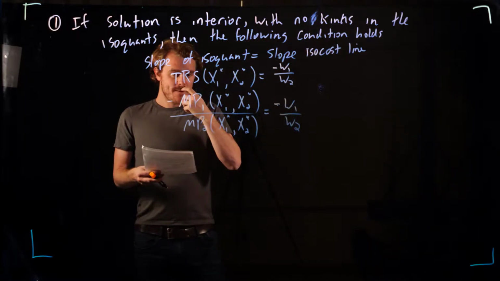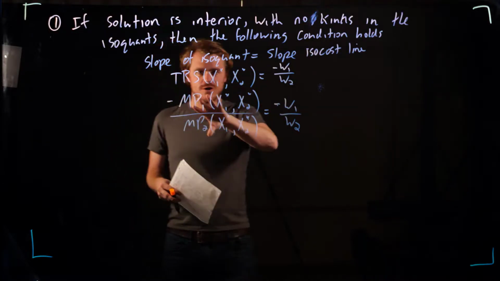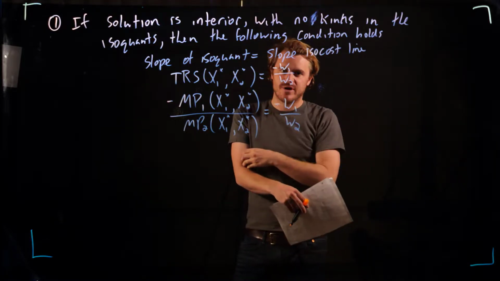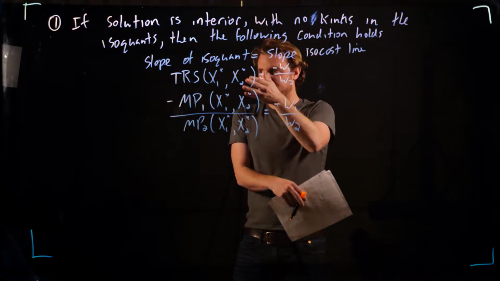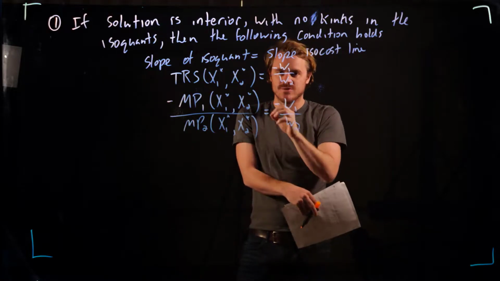Now, this looks very similar to the marginal rate of substitution equals the price ratio, right? I mean, the negative of the price ratio, the slope of our budget constraint, equals the slope of our indifference curve. Here, we just have the slope of the isoquant equal to the slope of the isocost line.